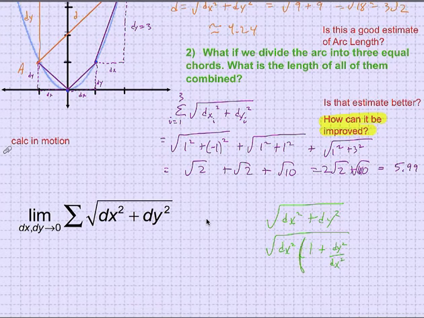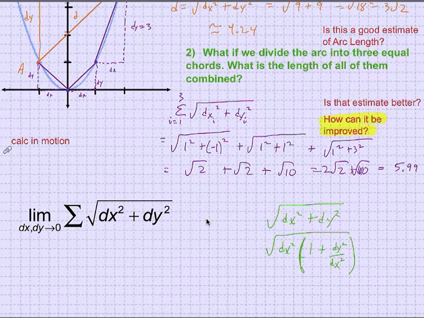Let's make that parentheses bigger. The reason to do this is because now that I have the square root of dx squared, now that it is a factor of the radicand, not a term in the radicand, I can take its square root.